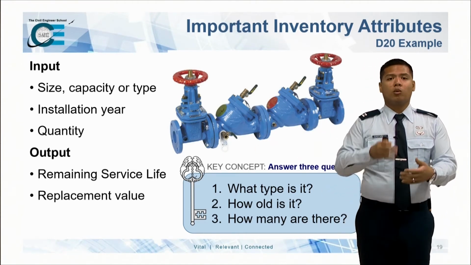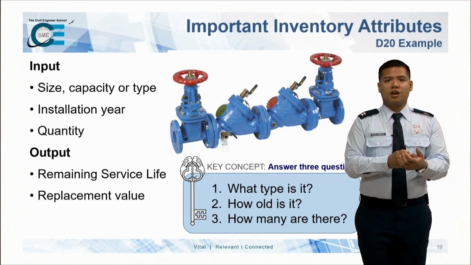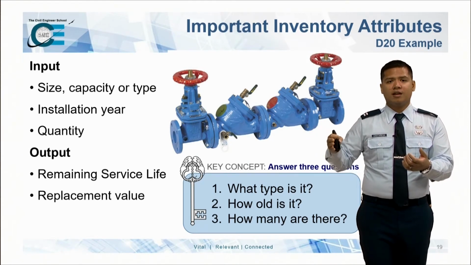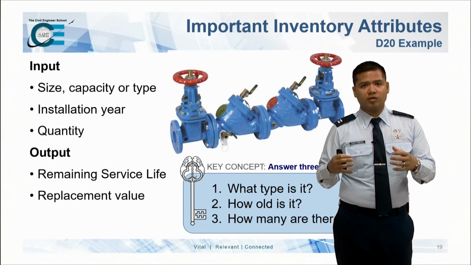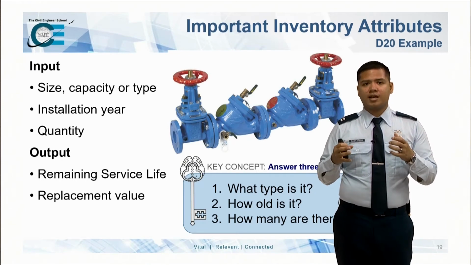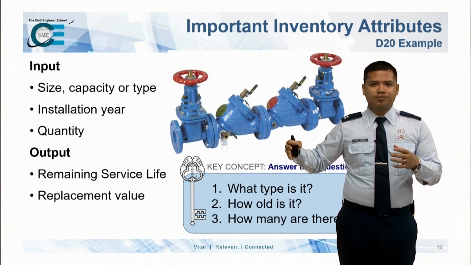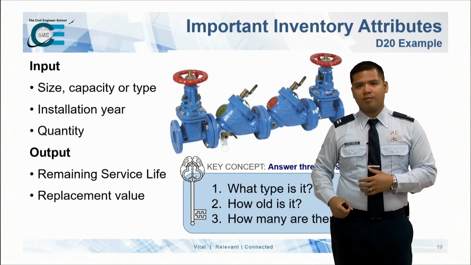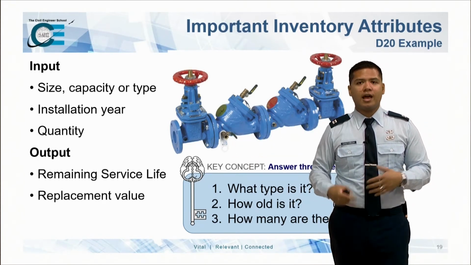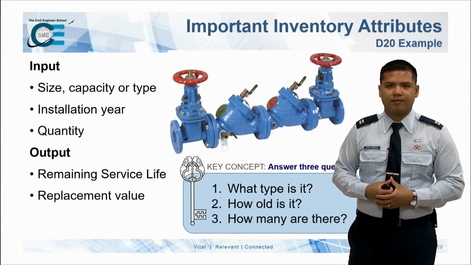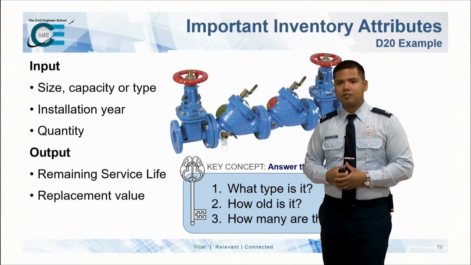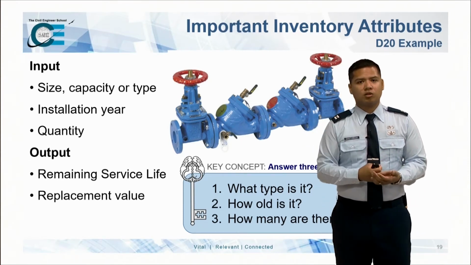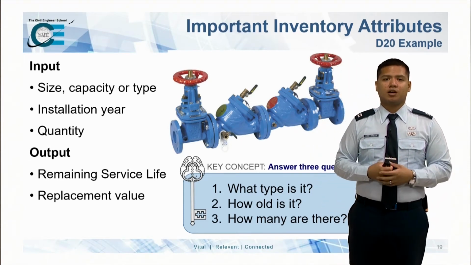If we know when it was installed, we can predict that it typically has this service life, and when this asset should fail in an ideal world. Then the quantity: how many of these assets do we have? Also, what's the remaining service life, and how much does this thing cost?